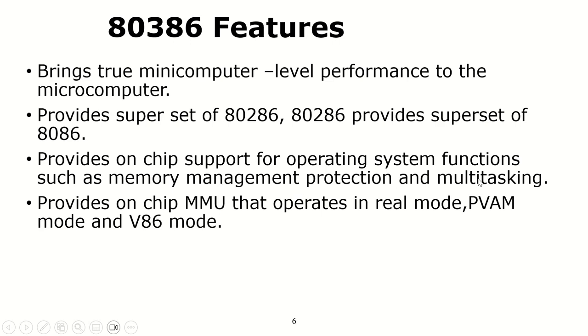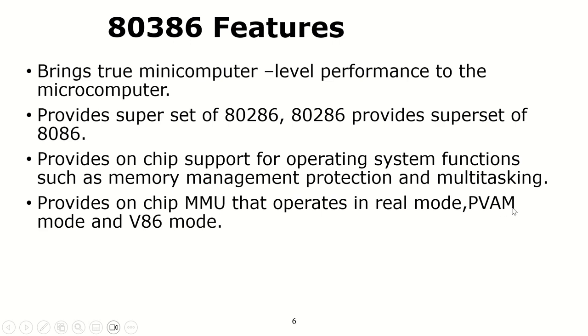But interestingly, what it also provides is memory management, protection, and a multitasking environment. Like I already explained, what do you mean by memory management? Memory management means real mode, virtual mode, protection mode. And also we will discuss some other ways of generating the physical address and protection.